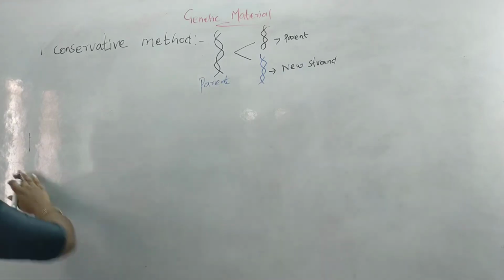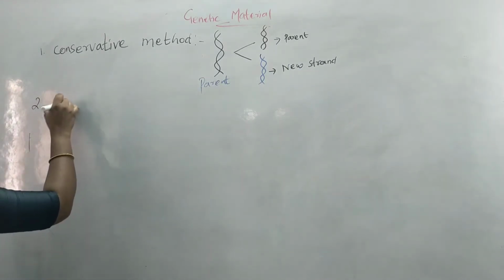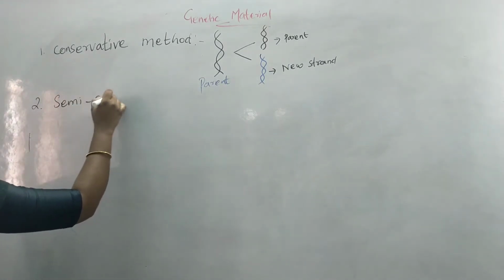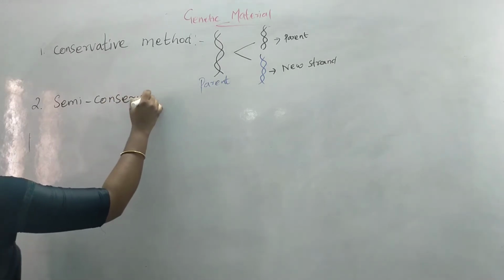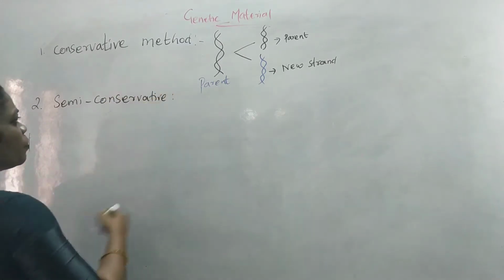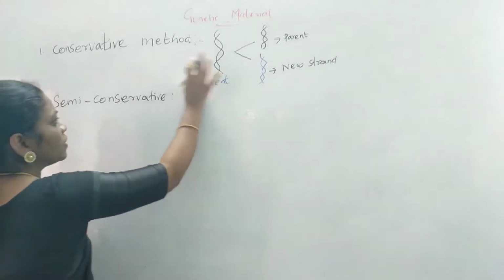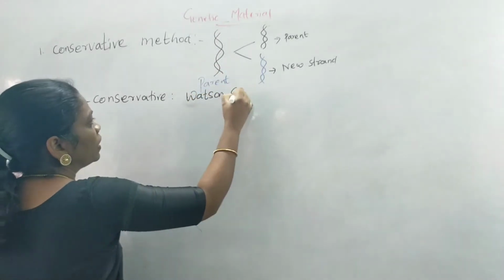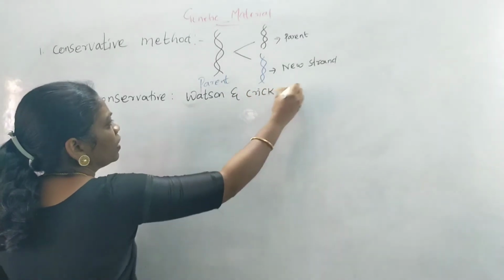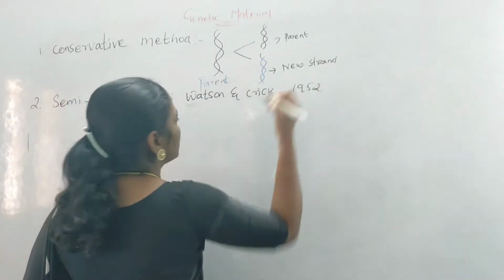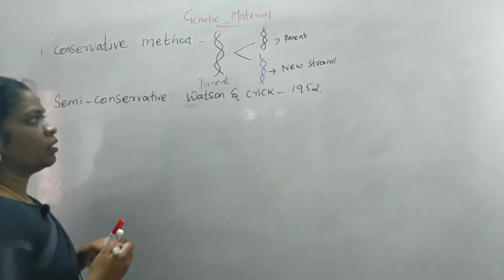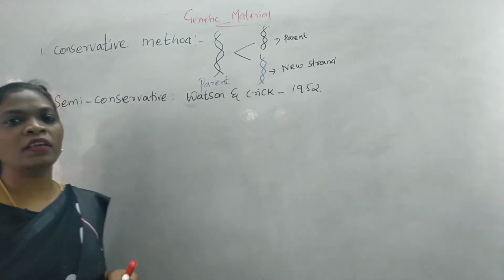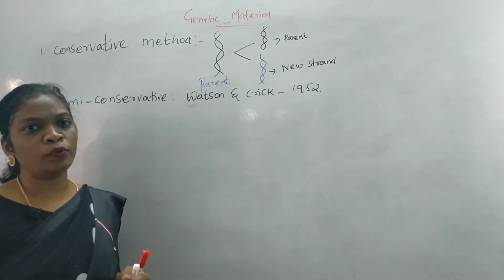The second method is the semi-conservative method. This method was proposed by Watson and Crick in 1952. But in science, experimental evidence is needed to support any hypothesis.